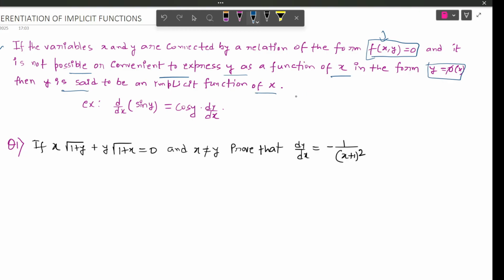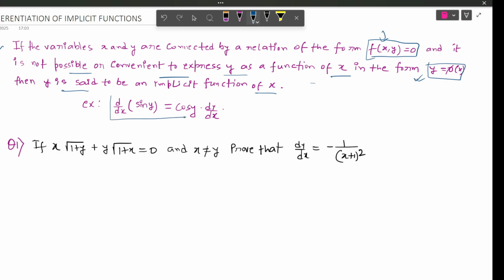Here we cannot separate x and y. We cannot write y equals some function of x. So this type of thing is known as implicit function.